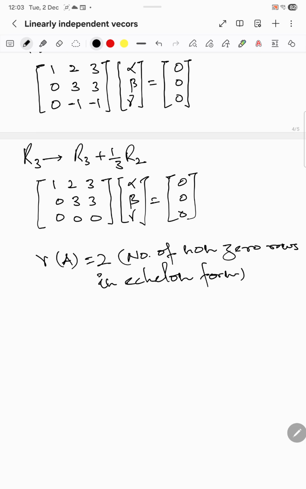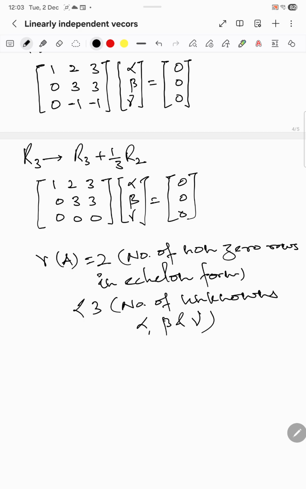Which is certainly less than 3, which is the number of unknowns. Unknowns means alpha, beta, and gamma.